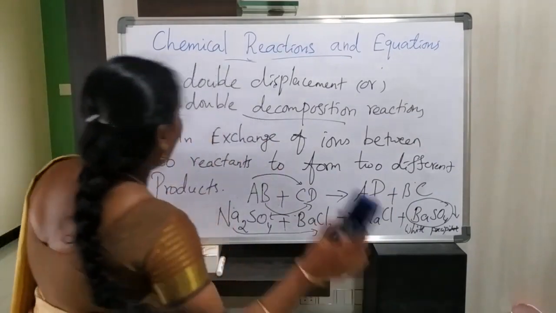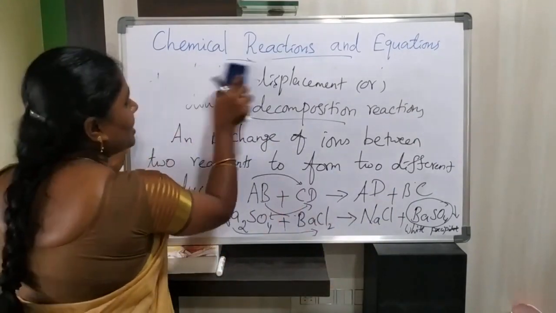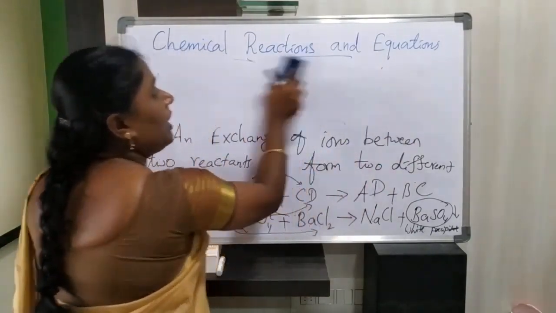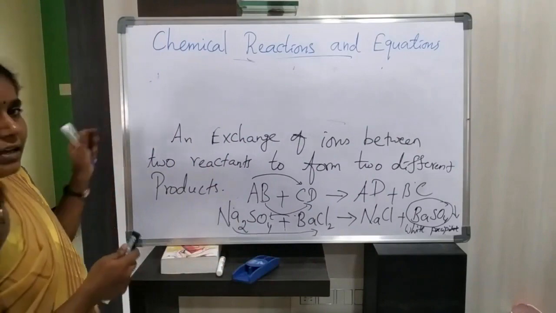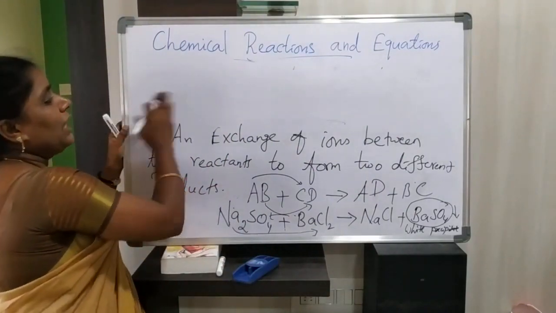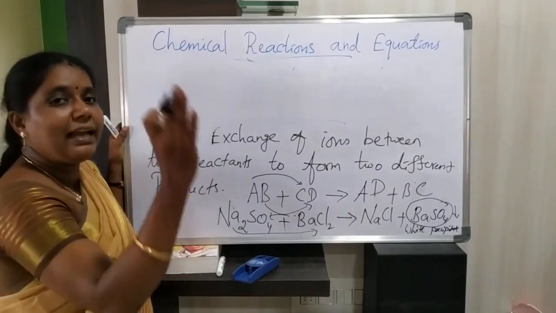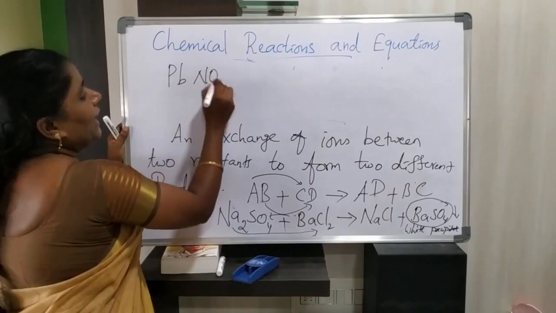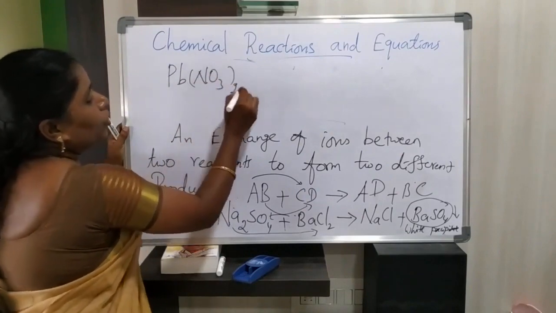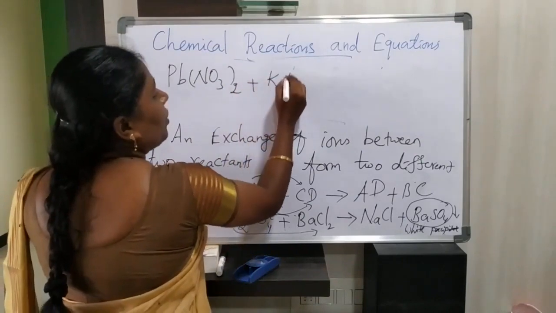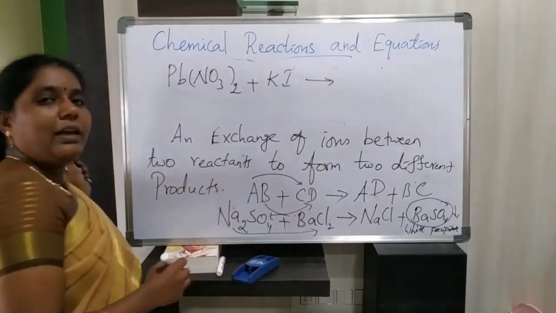And one more well-known example of a double displacement reaction, which we already discussed in characteristics of chemical reaction for the formation of precipitate, is the reaction between lead nitrate and potassium iodide. What is the formula for lead nitrate? Pb(NO3)2.